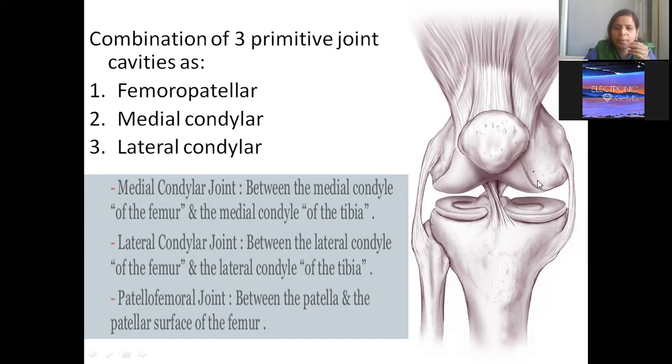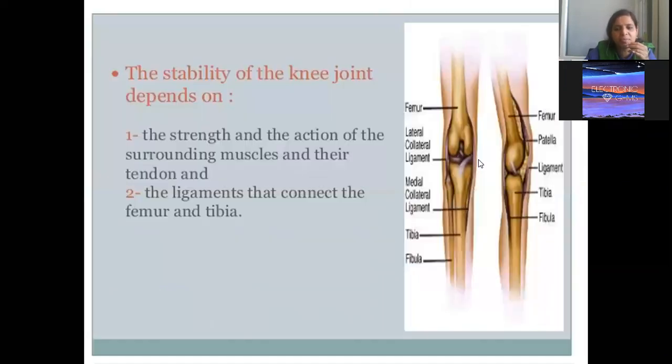This is the medial condyle and this is the lateral condyle. So medial condylar joint is between the medial condyle of the femur and the corresponding medial condyle of the tibia. Similarly, lateral condylar joint is the joint between the lateral condyle of the femur and the lateral condyle of the tibia. Patellofemoral is between the patella and the patellar surface of the femur.